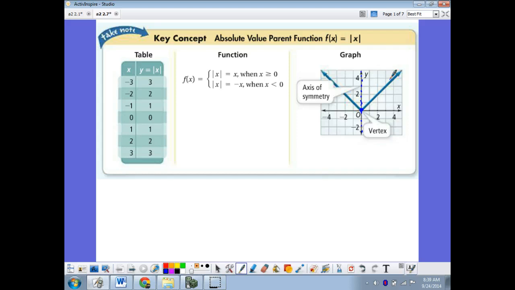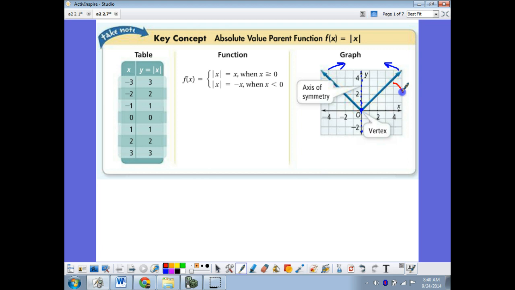So what we're going to do is perform different transformations to this. We're going to move it sideways. We're going to move it up and down. We're even going to what's called vertically stretch or vertically compress it. What that actually does is either narrow it, bring these pieces closer together, that would be a vertical stretch.